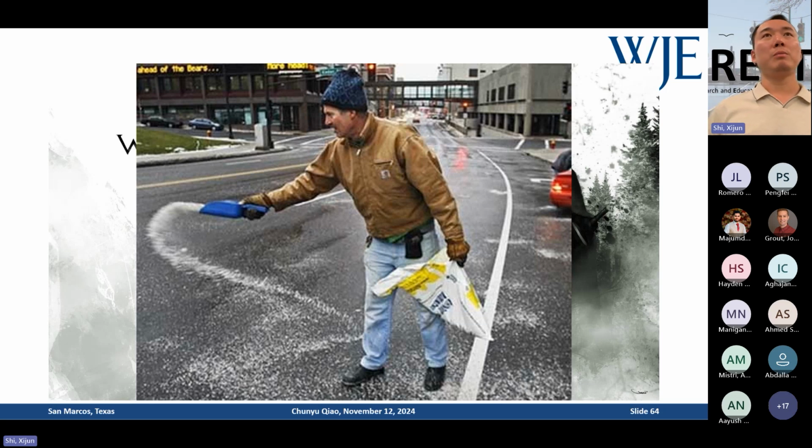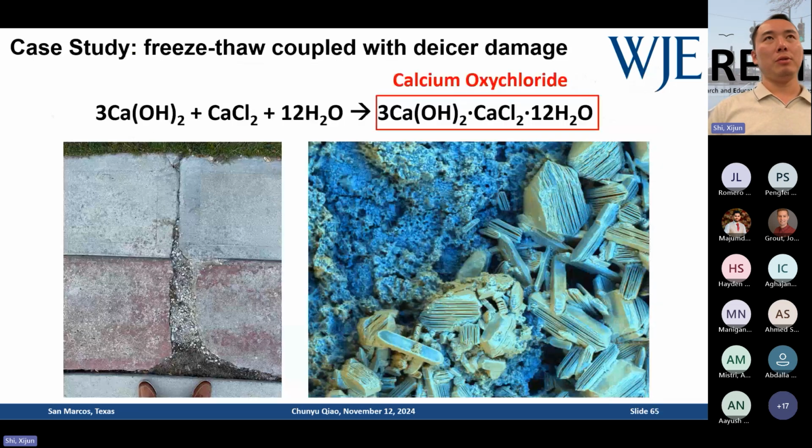But to improve the efficiency of lowering the melting point or freezing point of water, calcium chloride or magnesium chloride are way more efficient than sodium chloride. So DOTs use more and more calcium chloride or mag chloride for de-icing or anti-icing, mainly de-icing.